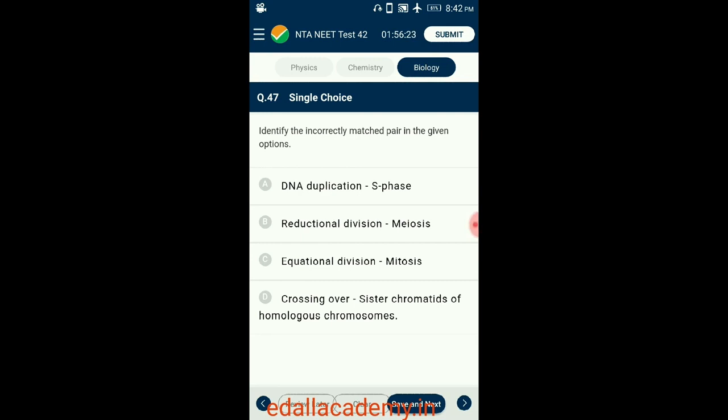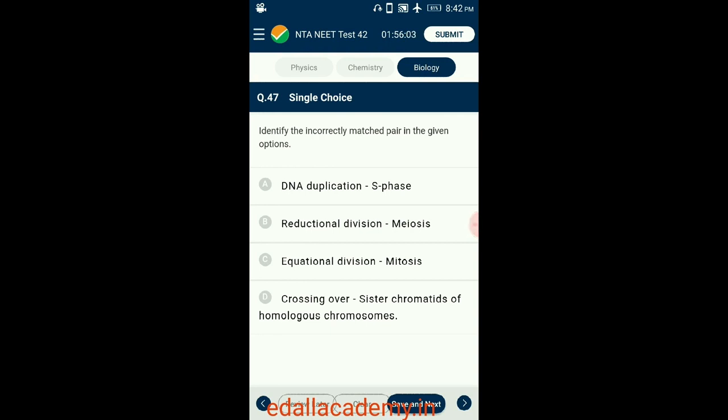Mitosis is one of the two cell division processes where the outcome is two daughter cells that are identical to the parent cell, the same in every aspect. This division is also called equational division.